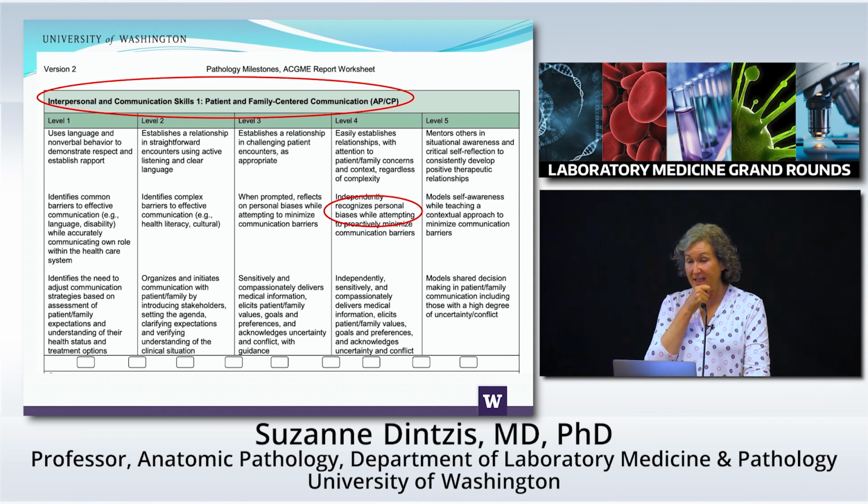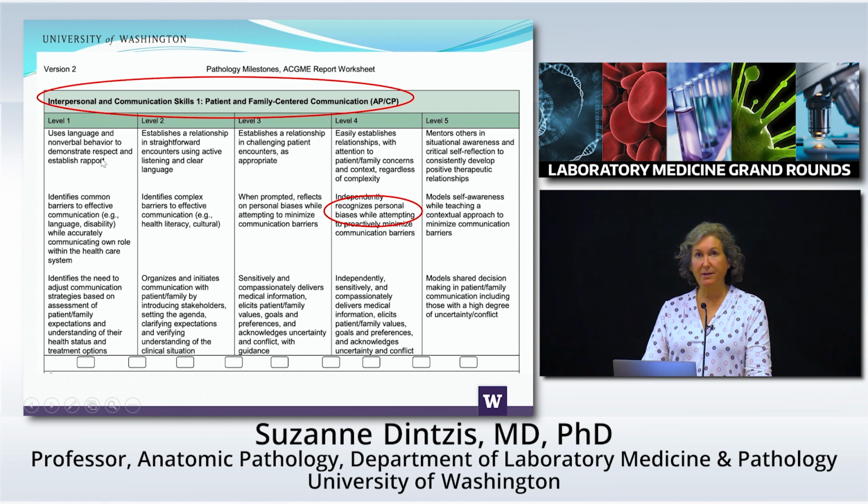All right, moving to bystander training for microaggression. So not only do the competencies require error disclosure, but if you look at the pathology milestones from 2017, you can see patient and family-centered communication, part of the pathology milestone.